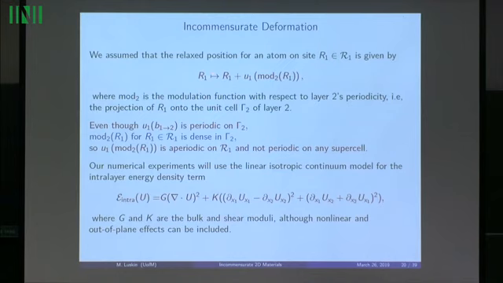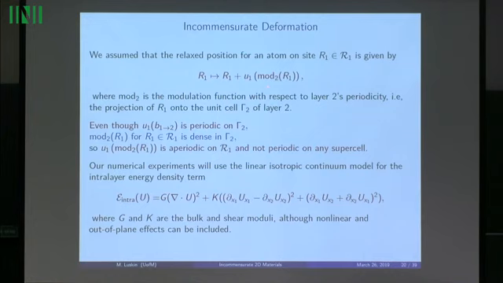Now little u1 is periodic on gamma 2. On the other hand, we're going to sample it, but this here is actually aperiodic. So as R1 moves through lattice 1, if I look at it modulo lattice 2, this is essentially sampling gamma 2 uniformly.